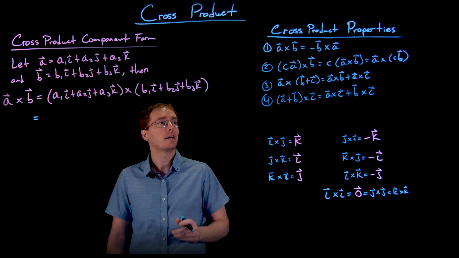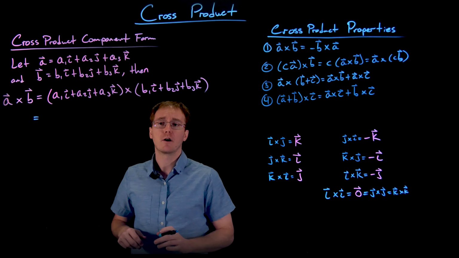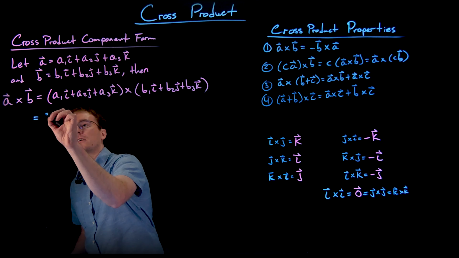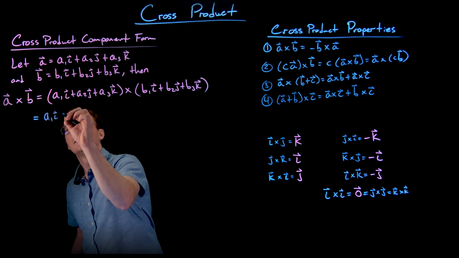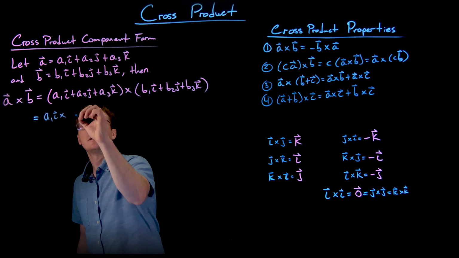Well, the first property we're going to have to use is our distributive property for our cross product. So we're going to have to distribute a1 i throughout the three components in our second vector b. Then we'll have to distribute a2 j throughout that vector b again, and then do it a third time for that third component of our first vector, a3 k. So the first part is going to look like a1 i crossed with the first piece of our second vector, b1 i.